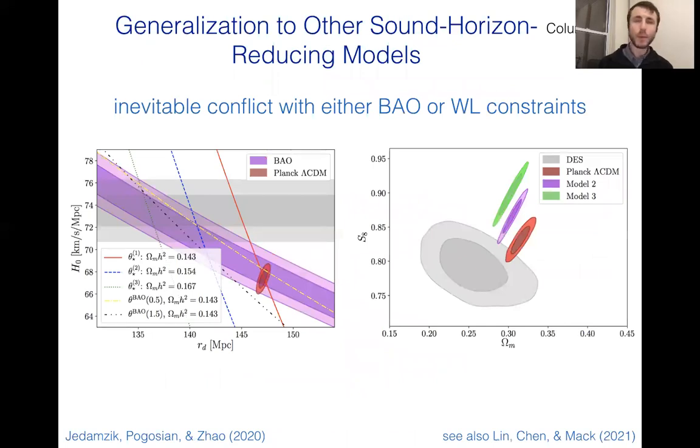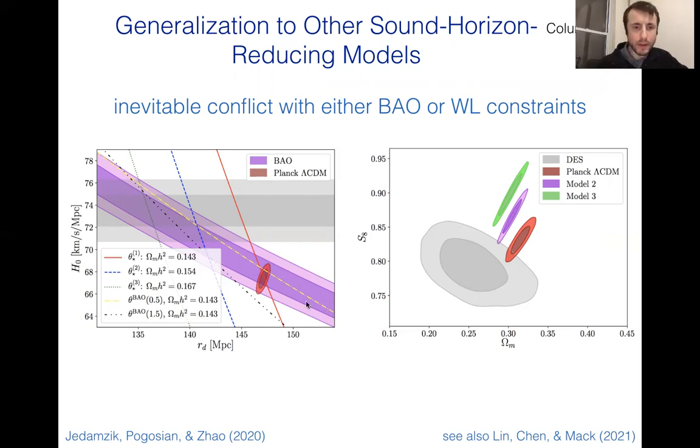I think I've probably gone over my time, so let me just wrap up by saying that after we finished this work in the summer, there was this nice paper that came out in the fall from Jedamzik, Pogosian, and Zhao, where they basically generalized some of these constraints on sound horizon reducing scenarios like EDE, but generalized it to the whole class of such models, and showed how you basically inevitably run into conflict with either BAO or weak lensing constraints.